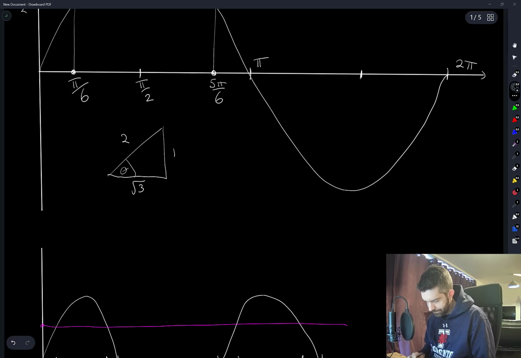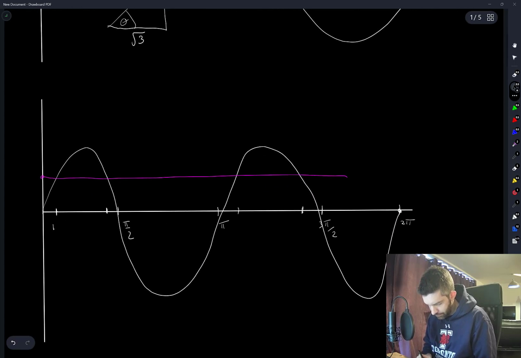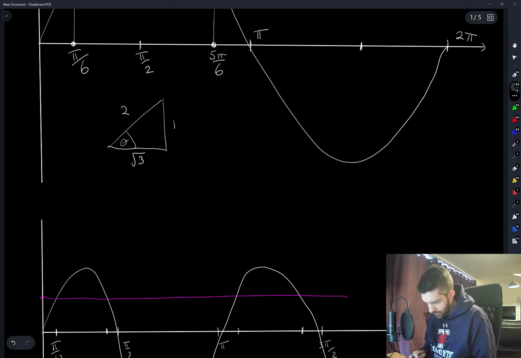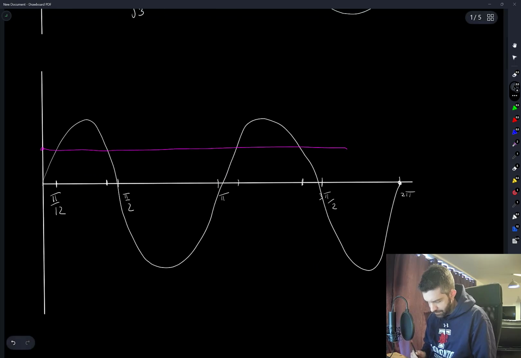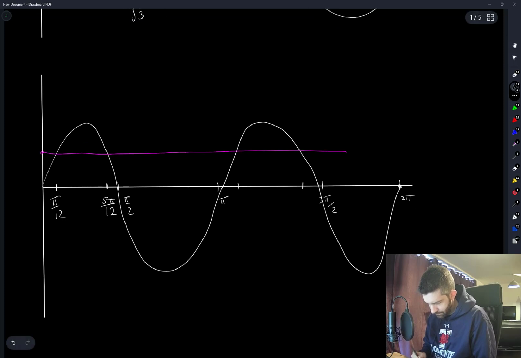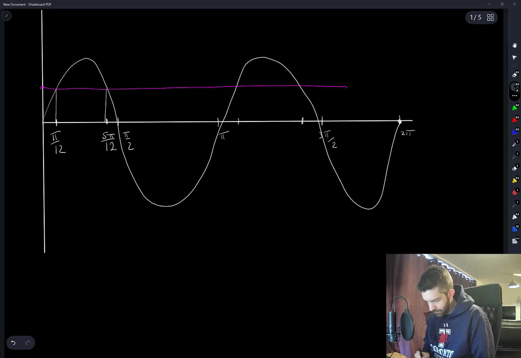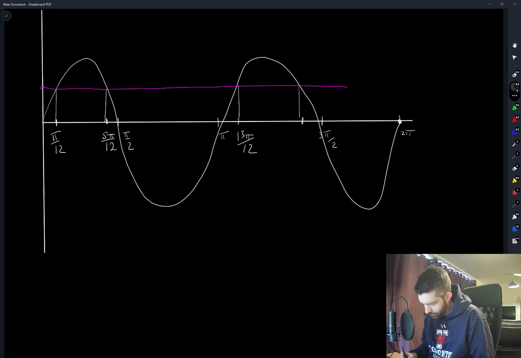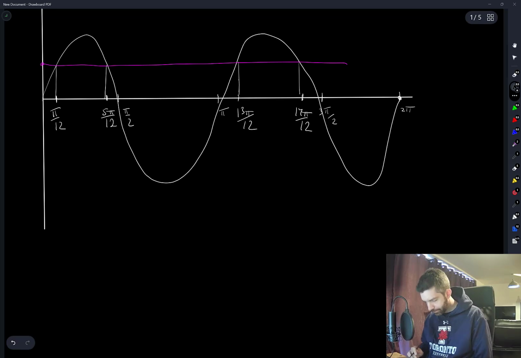It should be, so I guess this is π/12 and 5π/12. And then we just take these and add π. So this will be 13π/12, and this will be 17π/12. Okay.